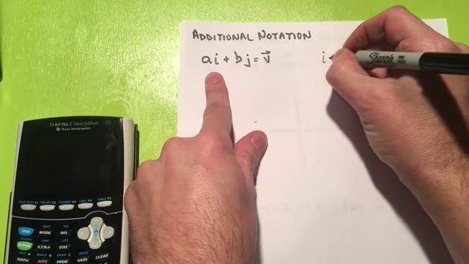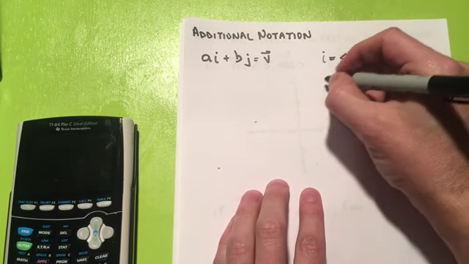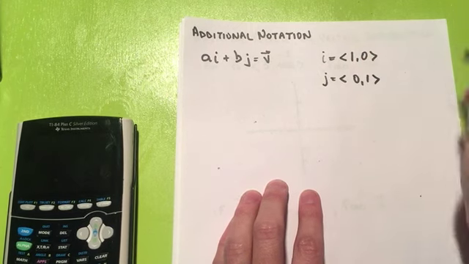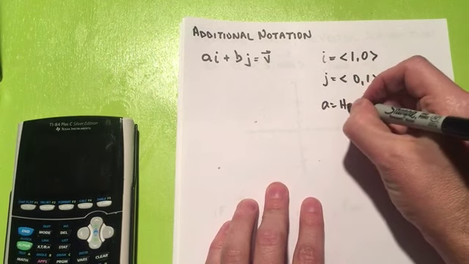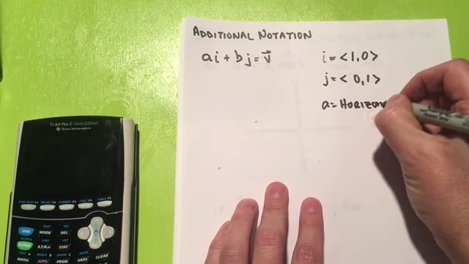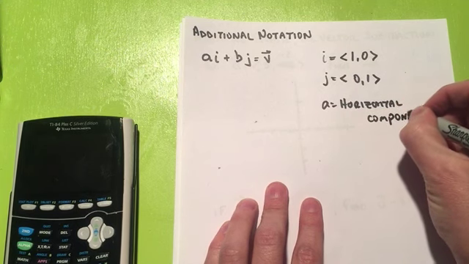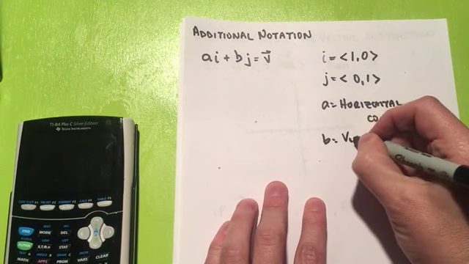I is going to be the unit vector in the horizontal component. J is the unit vector in the vertical component. A is the horizontal size, or horizontal component. And B is our vertical component.